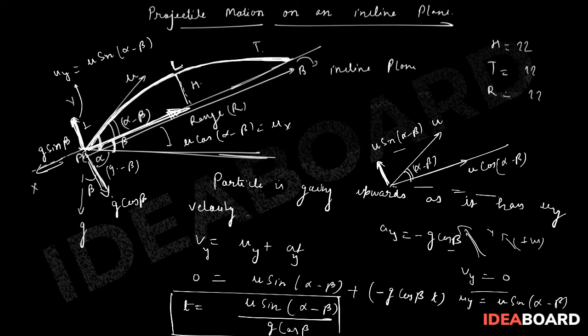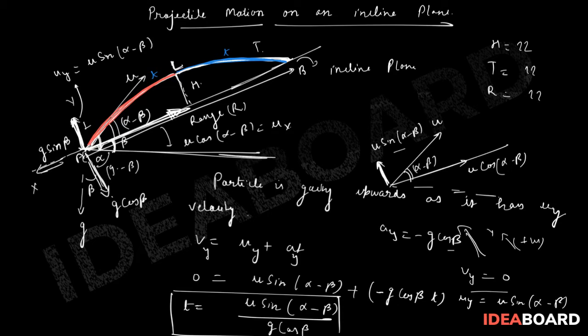I'm just drawing with a different color. One is with red, which is the time I have generated, and one is with green. So this time will also be t, and we already got this small t.